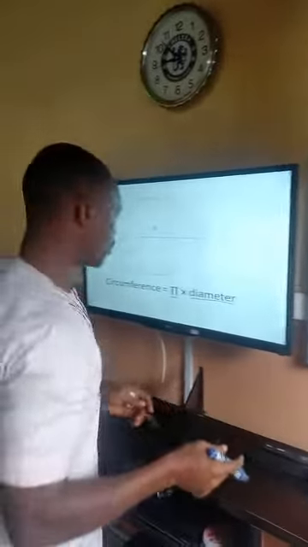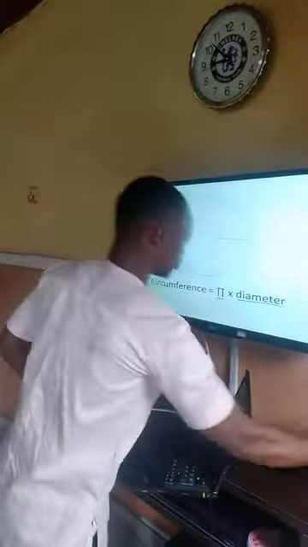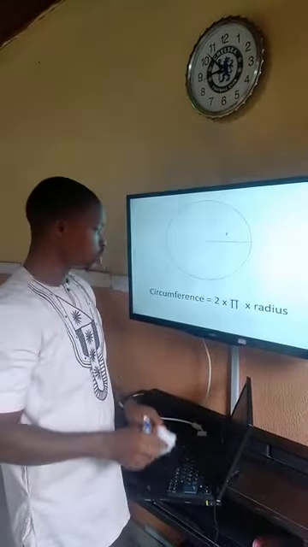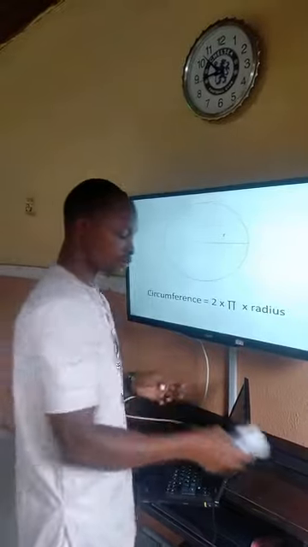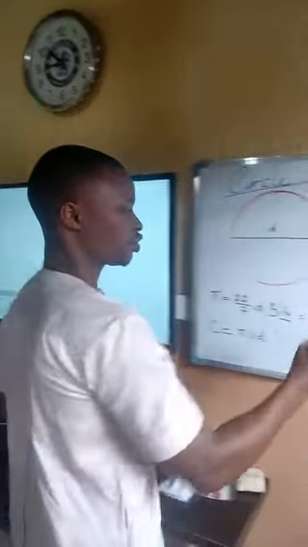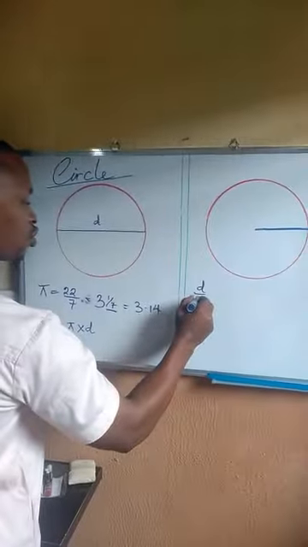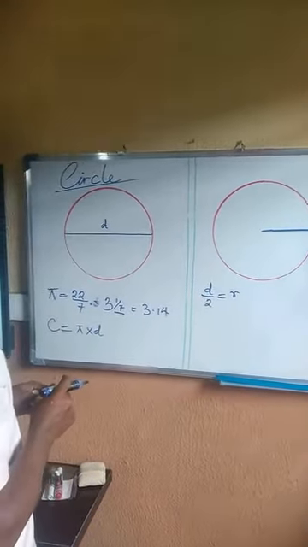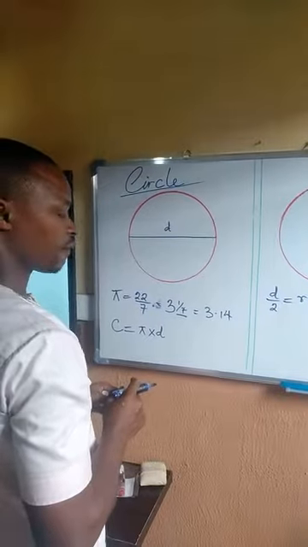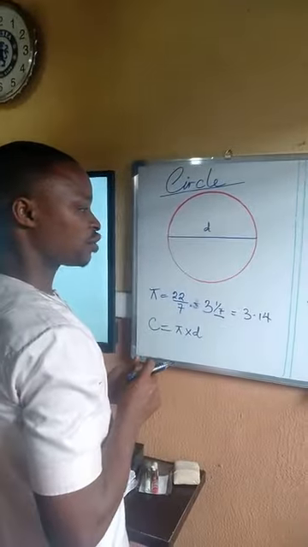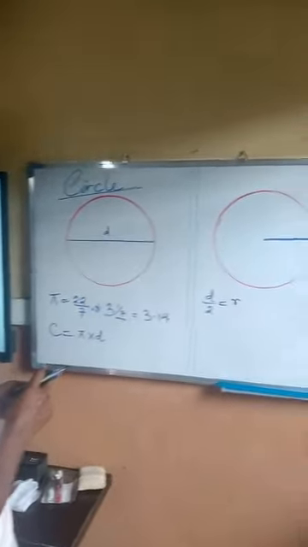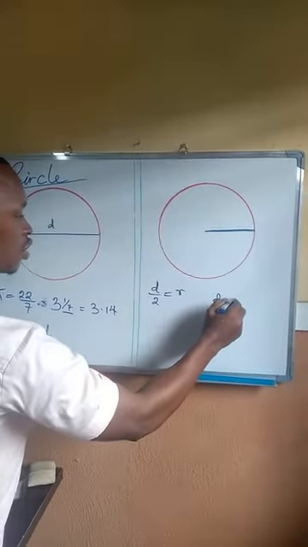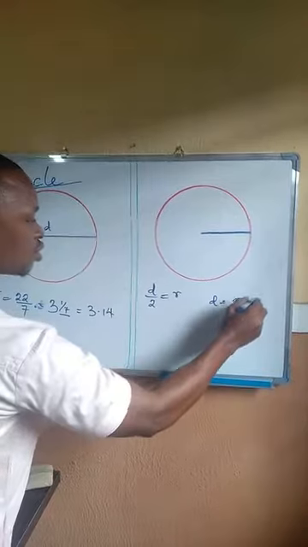So what if your radius is given? Remember the last time we were told that diameter over 2 is equal to radius. So if diameter over 2 equals radius, that means diameter is equal to 2 times radius.